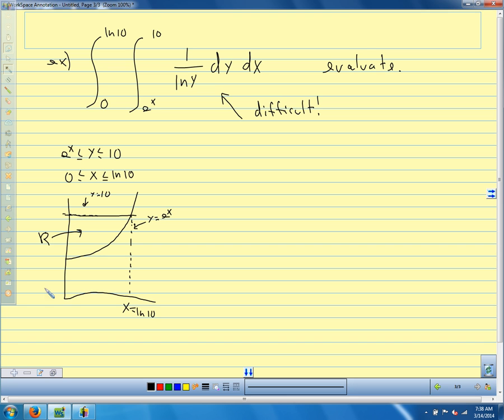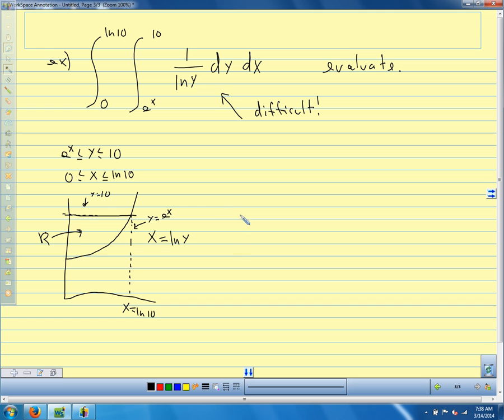All right, so let's switch our order. So we need to write our function in terms of x. So y equals e to the x, so x equals natural log y. Everybody good there?